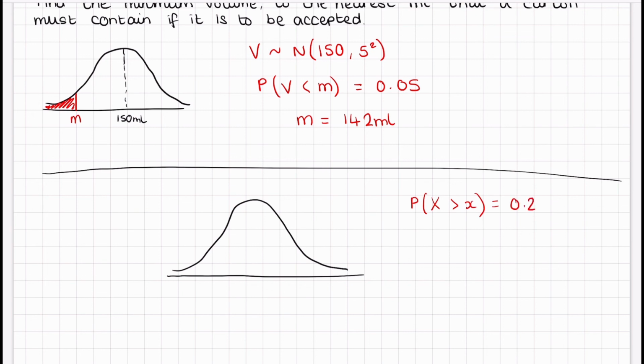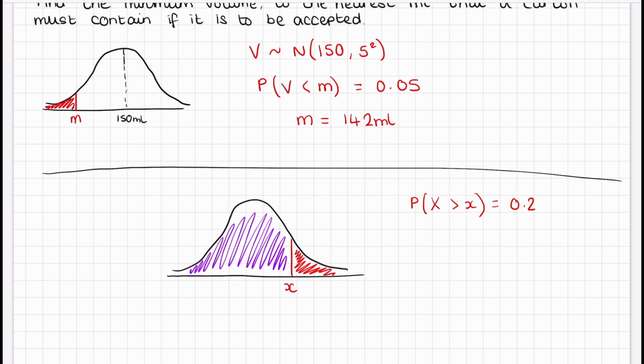So I want to know what value of x means that our probability of it being greater, which would be this side, is 0.2. Now what I was saying earlier is the inverse normal only calculates the percentage to the left of this value of x. So if you ever find these situations, we actually are wanting to find this purple shaded area. We need to use that in our inverse normal.